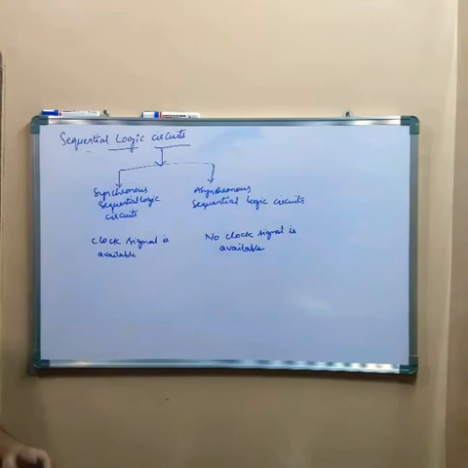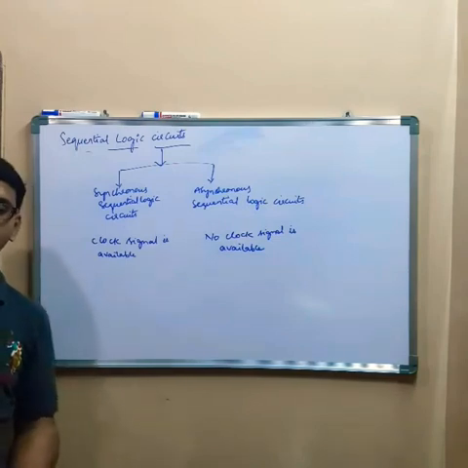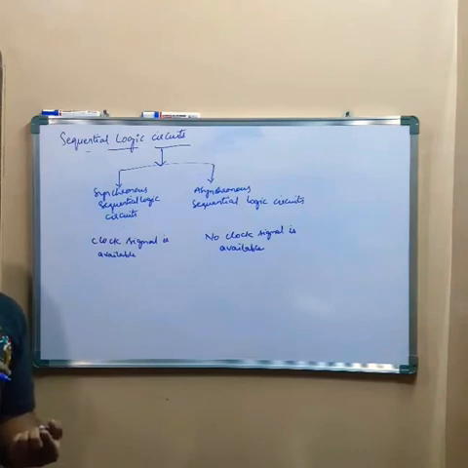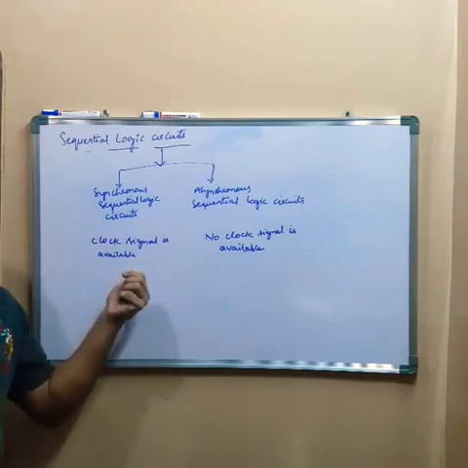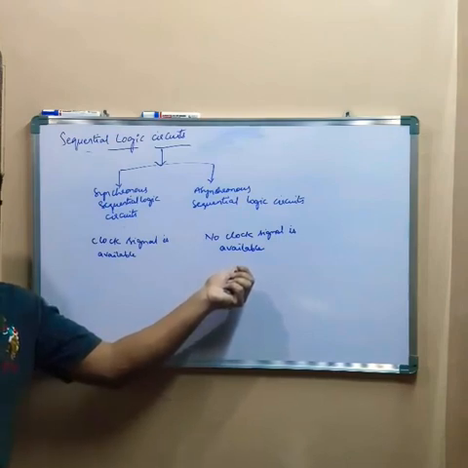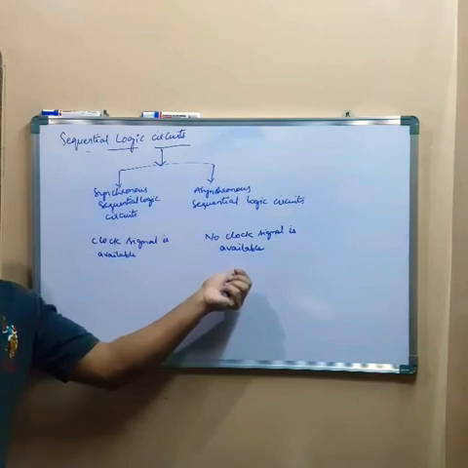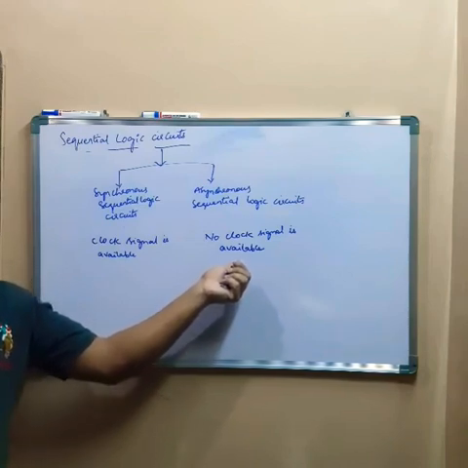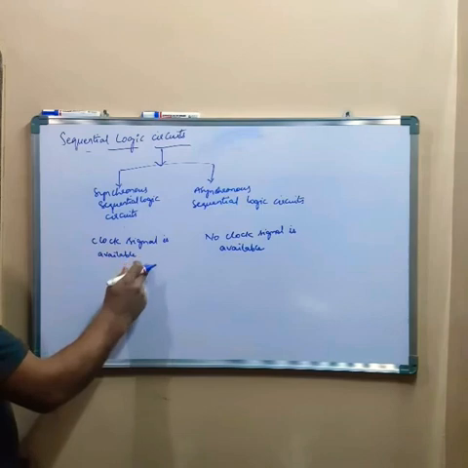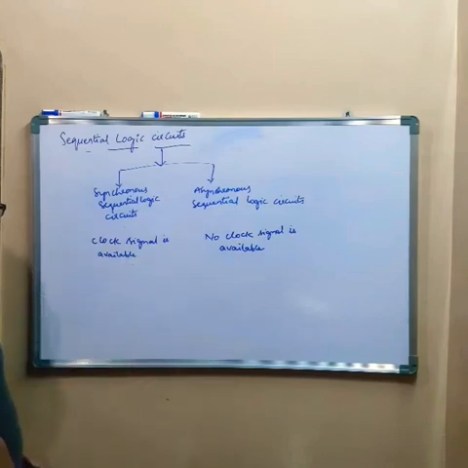So in synchronous sequential logic circuit, depending on the activation of the clock pulse, input variables will synchronize with the clock pulse, and based on the change in the input variables, the output will be affected only when the clock pulse is on, when the clock pulse is applied. Here, as there is no clock pulse, the output can be affected at any instant of time if there is a change in the input variable, right? Clock pulse is available in synchronous, no clock signal is available in case of asynchronous sequential logic circuits.